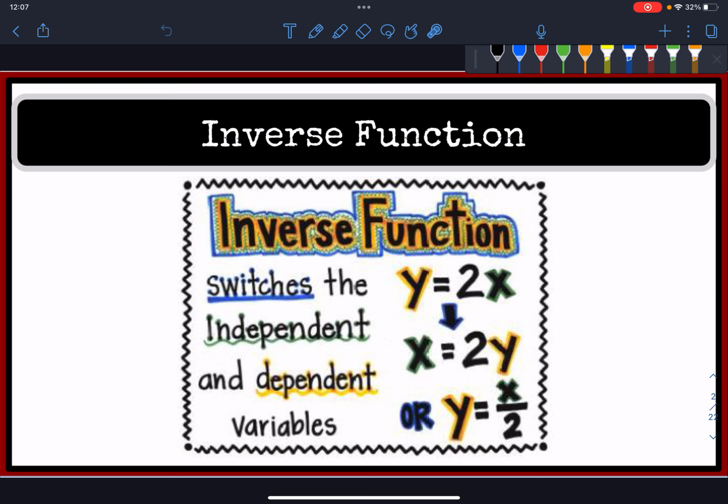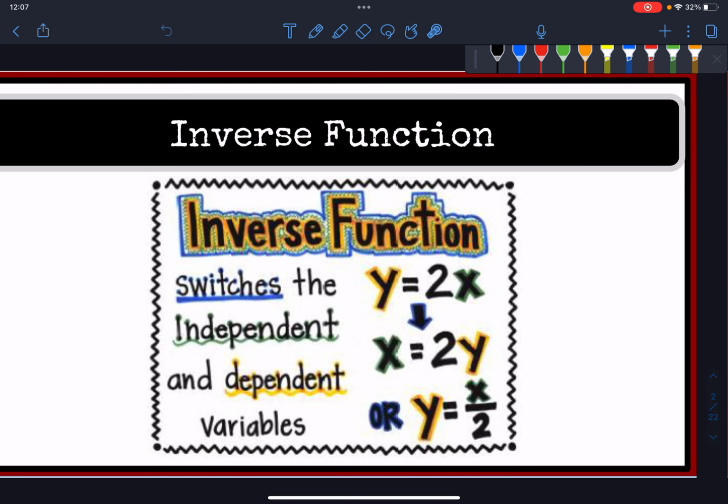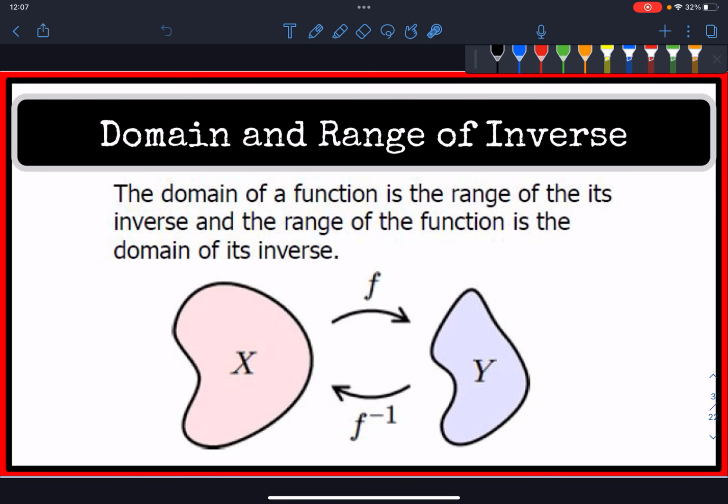Because we're switching the independent and dependent variables to get an opposite function, an inverse function, this affects the domain and range by switching those two things, as illustrated in this diagram. The domain of a function is the range of its inverse, and the range of the function is the domain of its inverse.